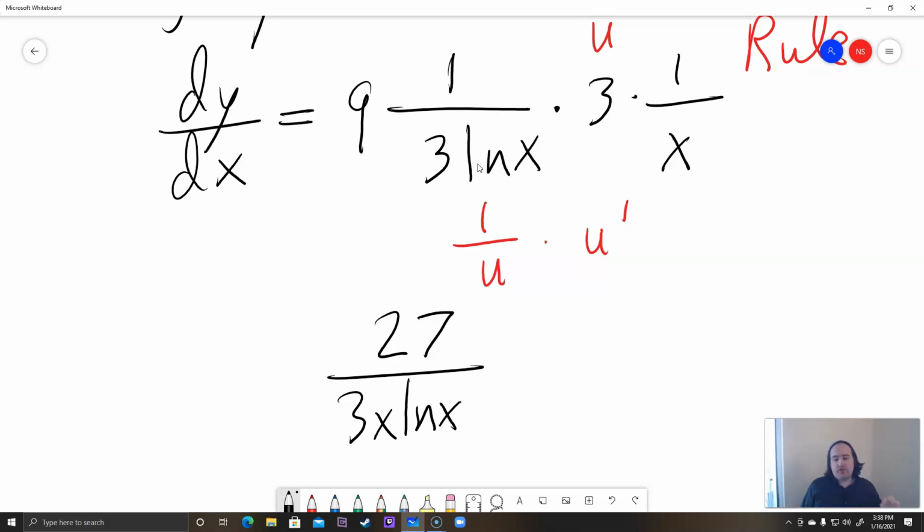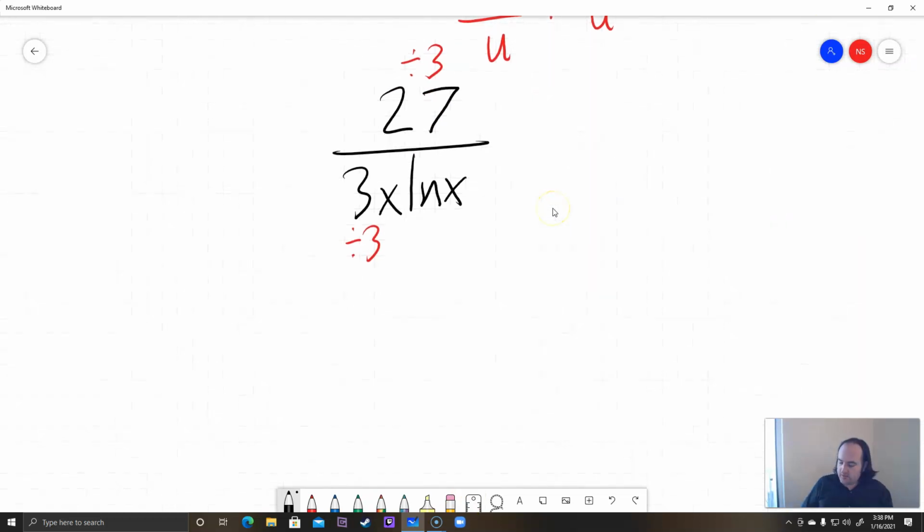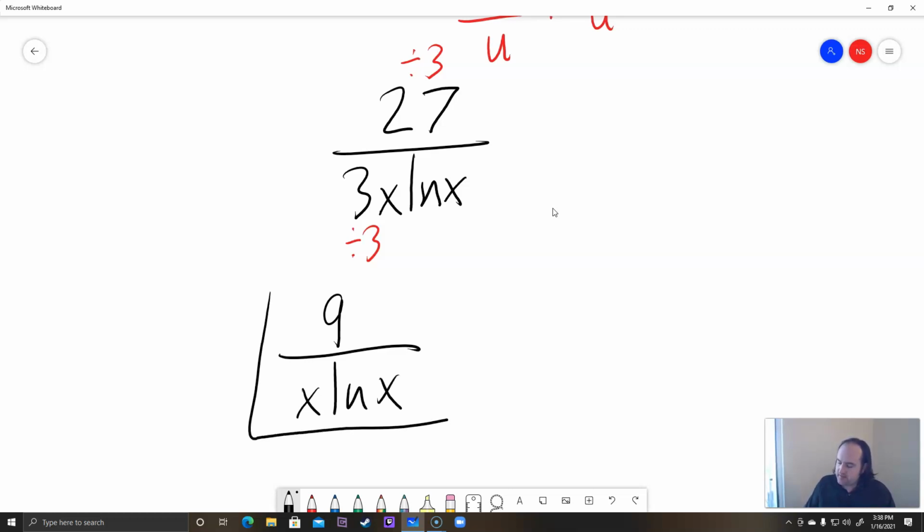Okay, and then we can simplify just a little bit, dividing the top and the bottom by a common factor of 3. We get our final answer, which is going to be 27 divided by 3 is 9 over x ln of x. Okay, so 9 over x ln of x is our final answer.